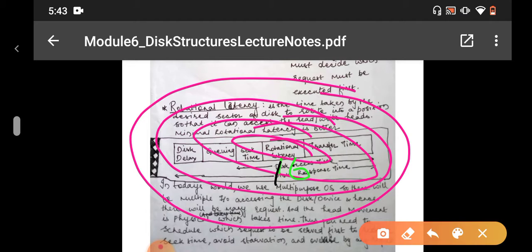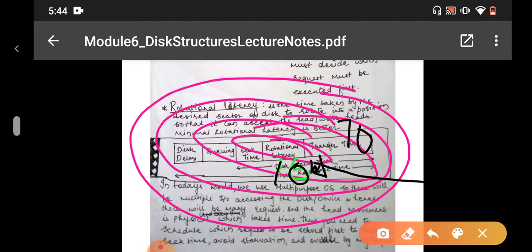Suppose I am in a track called 10 and I want to access a track called 70. Currently the read write head is over this first track.